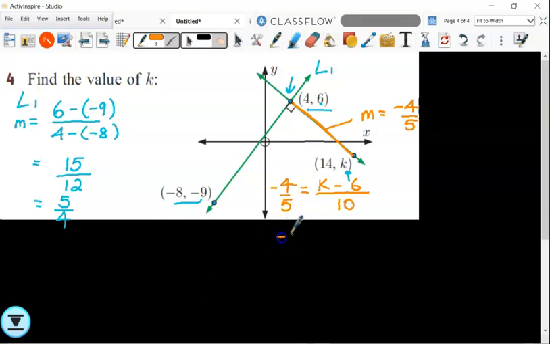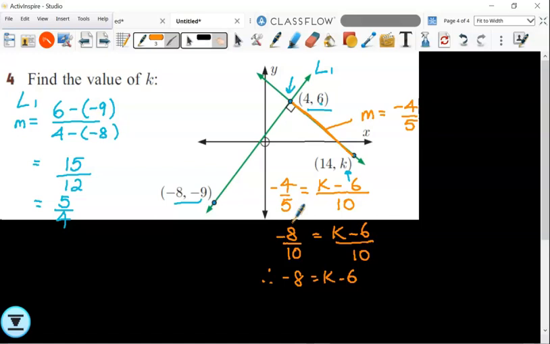Would you agree that this is -8 over 10 equals K take 6 over 10? Same denominators. So therefore, -8 must equal K take 6, and you can now solve. If you cross multiplied, absolutely you'll end up with the same result, just maybe one extra step, and you're using slightly bigger numbers. Right?